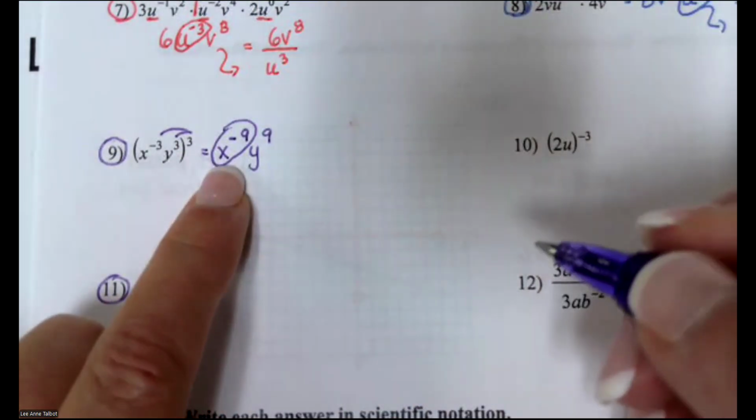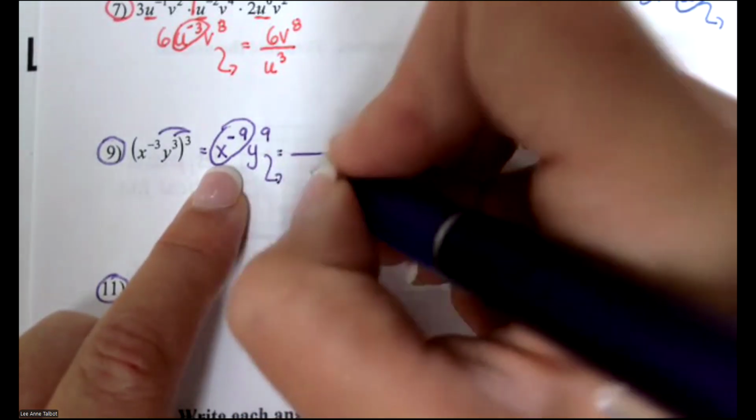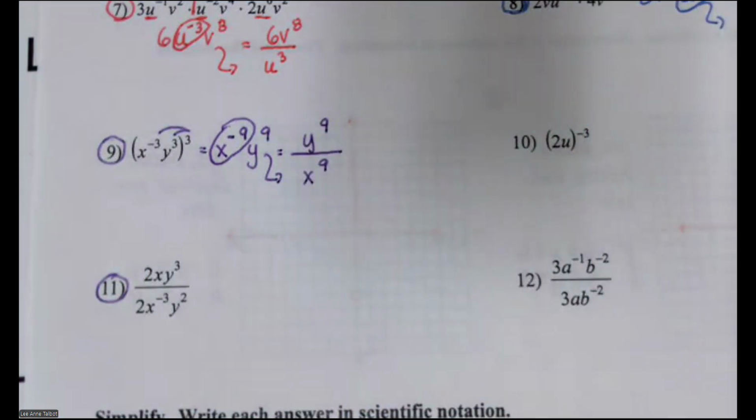X to the negative 9 needs to be fixed. So he goes to the denominator and becomes x to the positive 9. And then y to the positive 9 stays on top because he was positive already.